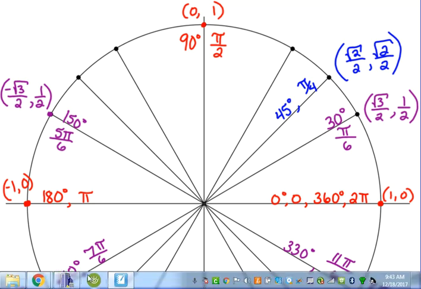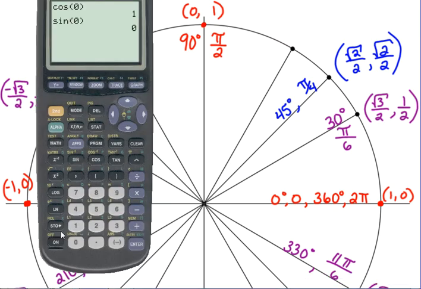Now, let me show you something really quick. You have your calculator at your disposal. There is nothing that says if they ask you what's the cosine of 45 degrees that you can't type it into your calculator. But look at what your calculator gives you. The answers aren't going to look like that. The answers are going to be in decimal form. So if you can type that in, all you have to do is type them in and compare the decimals.